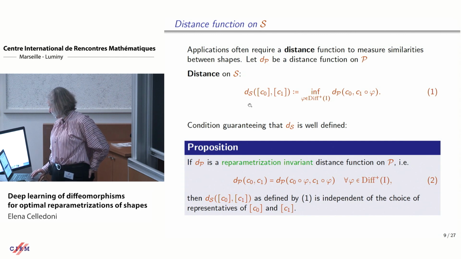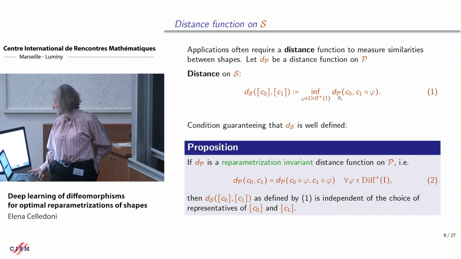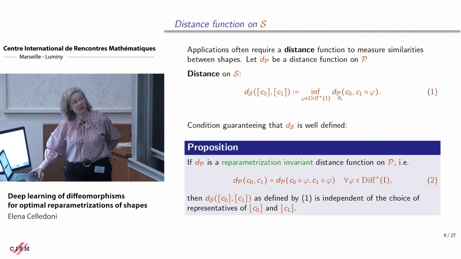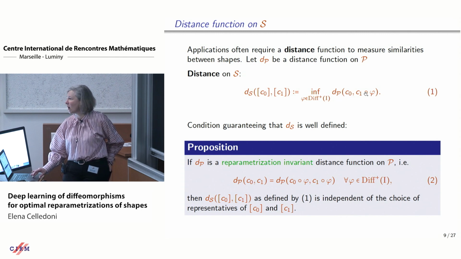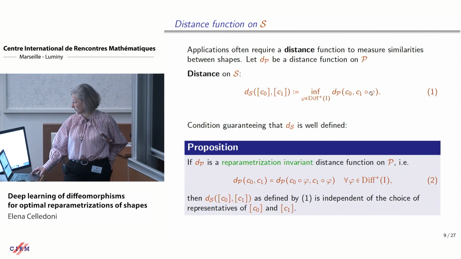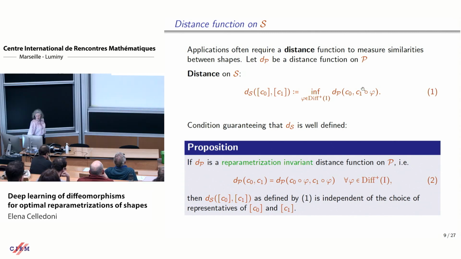So here is the typical definition of distance between two equivalence classes, two shapes. Take the infimum over all orientation preserving diffeomorphisms of the distance of the parametrized curves C0 and C1 reparametrized. I'm reparametrizing only one of these two curves here in all possible ways.